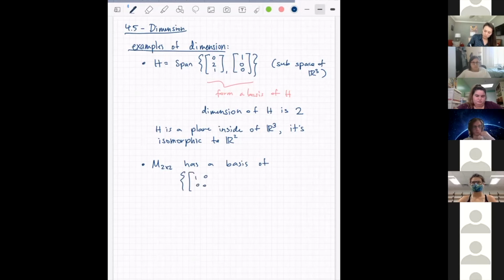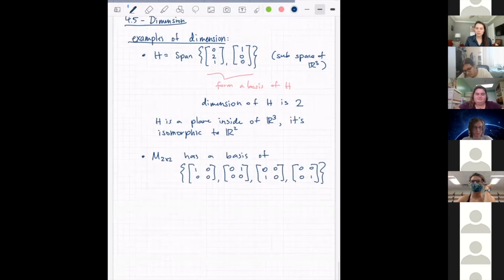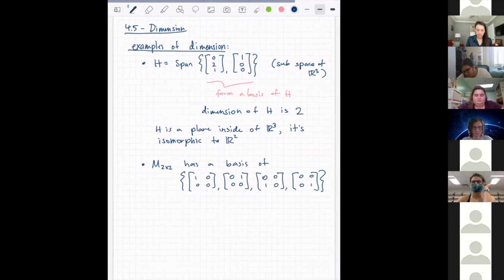So we have these matrices, just one at a time. We have 1 and zeros in all of the other entries. And so we'll need 4 of them to span the whole space, right? And then it's pretty clear that you could write any 2x2 matrix as a linear combination of these.